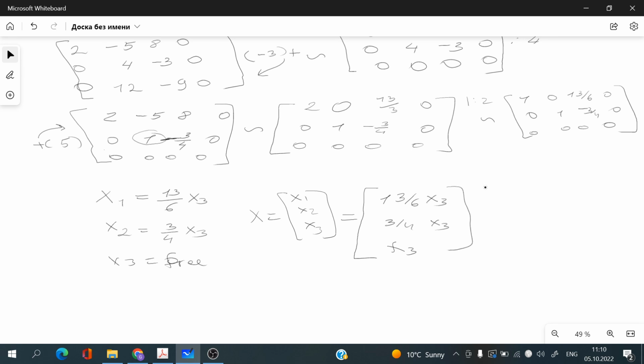Let's factor out x3, we're going to get something like this, something like this, and 1. So this is my vector. Okay, so that's it for today. Thank you very much for your attention.